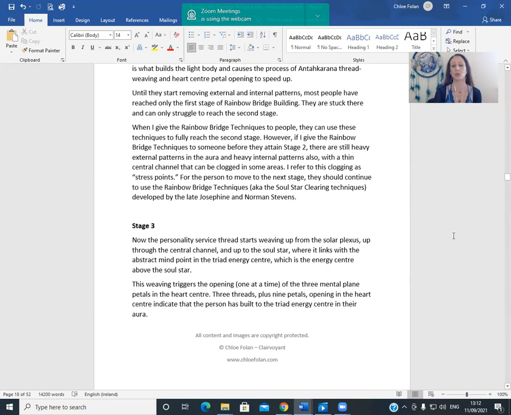Usually when a proper enforcement technique is utilized, which is usually needed to properly consummate stage 2 of Rainbow Bridge building, once there are 6 petals open in the heart center, meaning the 3 in the physical plane ring and the 3 in the astral plane ring, fully anchored soul to head thread and soul to heart thread, that marks being fully built to the soul star, which is stage 2 of Rainbow Bridge building.